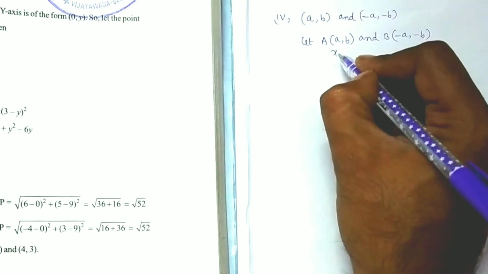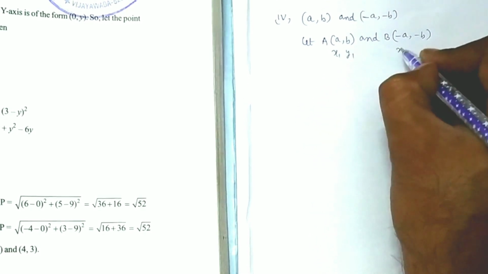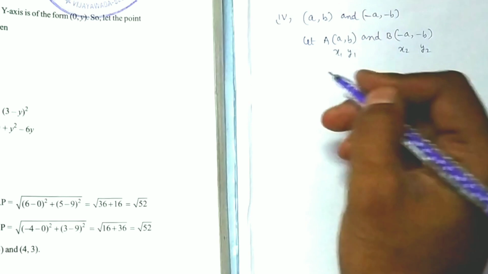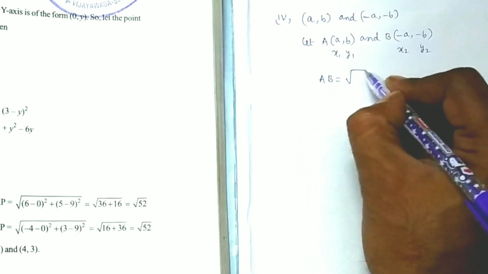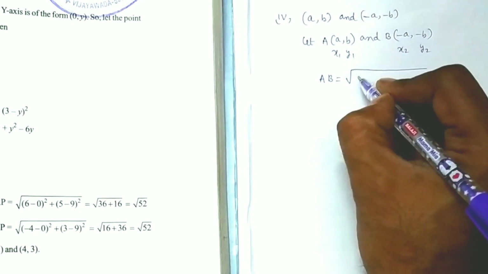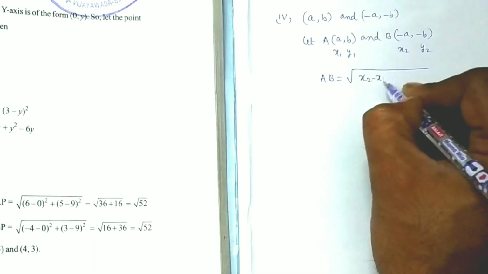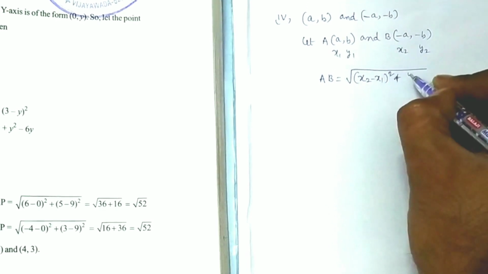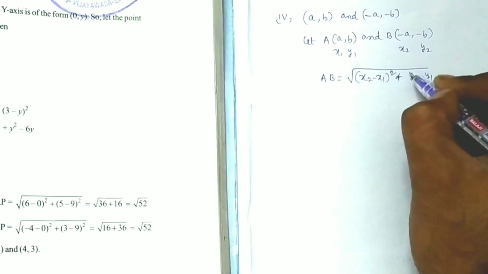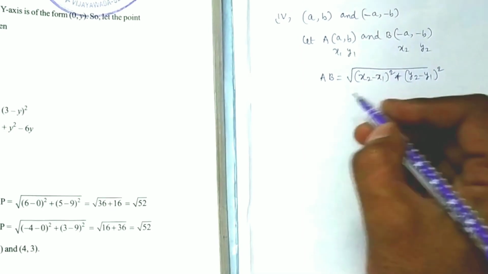Take a x1 y1 x2 y2. The distance between 2 points, that is AB, is equal to square root of x2 minus x1 whole square plus y2 minus y1 whole square.